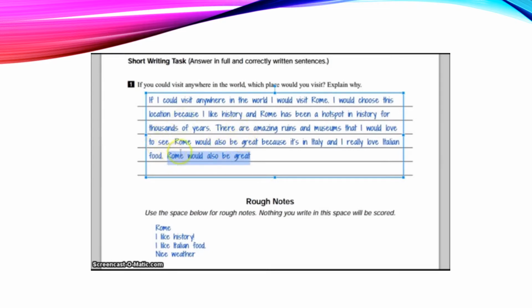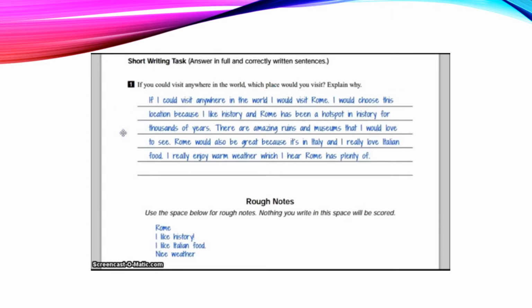Instead of saying Rome at the beginning, and it's Rome this, Rome that, I could say I, at the beginning, really enjoy warm weather, which I hear Rome has plenty of. Period. There we go. And I even have a little space if I wanted to add another detail. But let's have a look at it as it is.